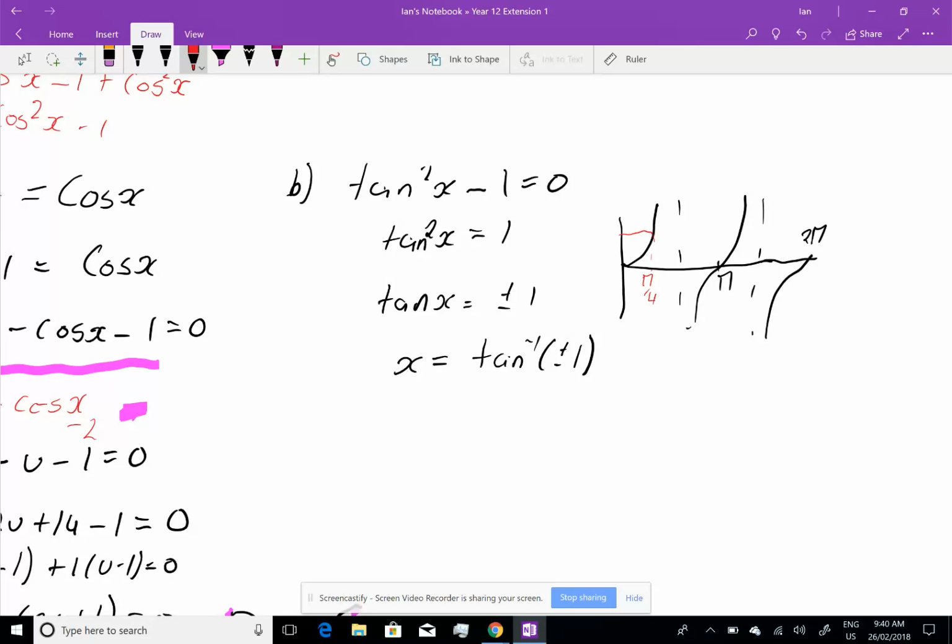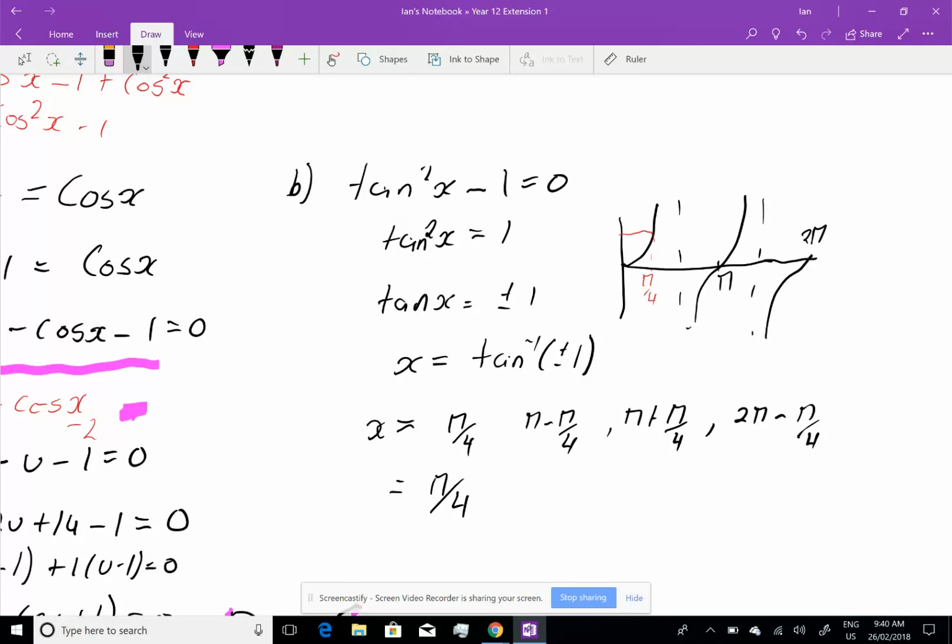Once I've got pi on 4, I've got all of them, because all the different angles are based on pi on 4. Then 180 minus pi on 4, which is pi minus pi on 4. 180 plus pi on 4. And 360 minus pi on 4. So I get pi on 4.